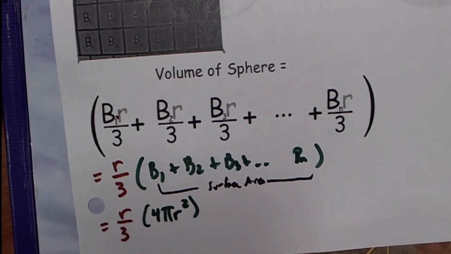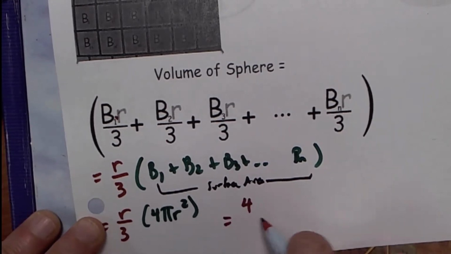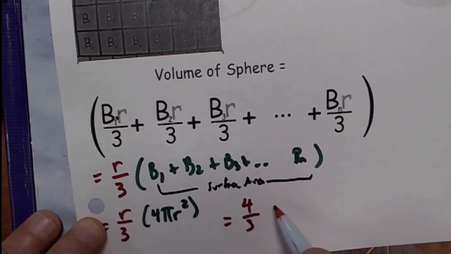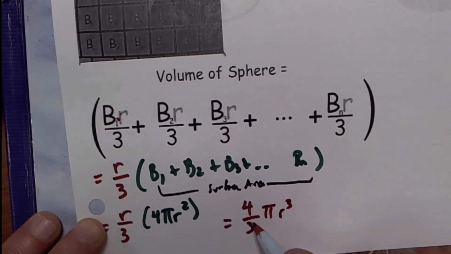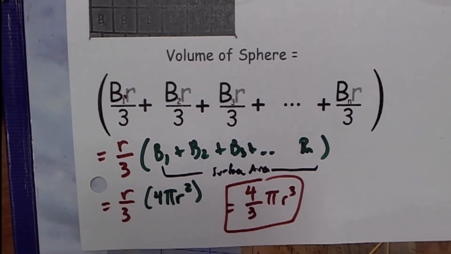So r times r is going to give us r cubed. And so we're left with 4 over 3 pi, and then r squared times r, pi r cubed. So there it is. That's our volume formula, 4 over 3 pi r cubed.